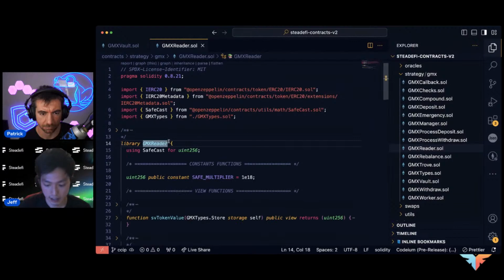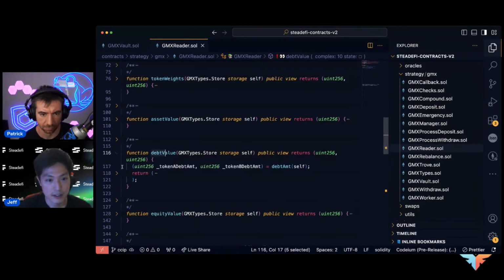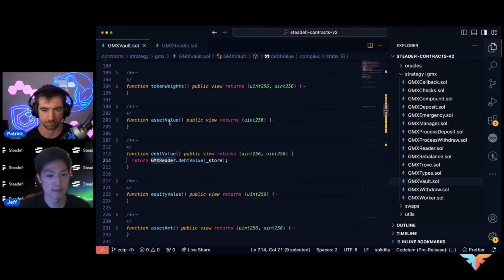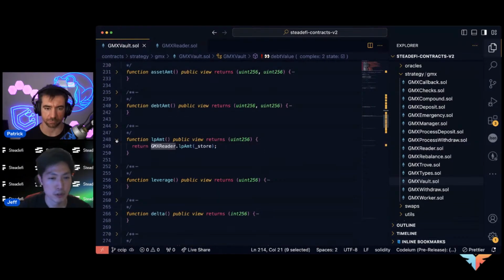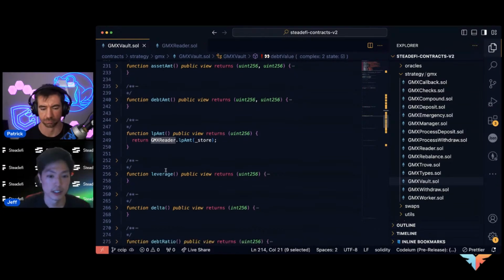And we would then see, so we go to the debt value function here, and this function is where most of the logic is. Yeah, and this pattern basically repeats all the time. So even though there are so many functions here, there's almost no logic in this main contract. We just pass that logic along to one of the library functions, which then has all the code logic to actually get the value correctly and return it. Yeah.